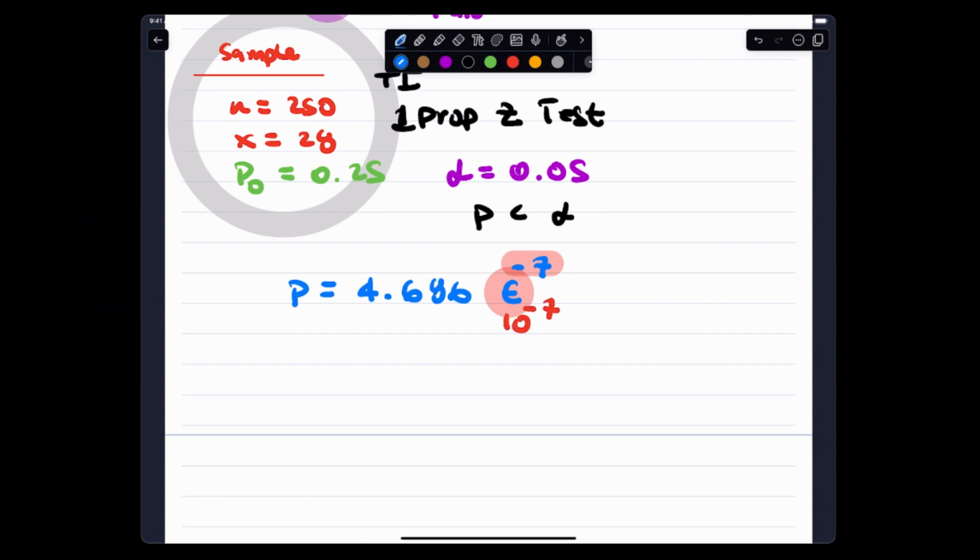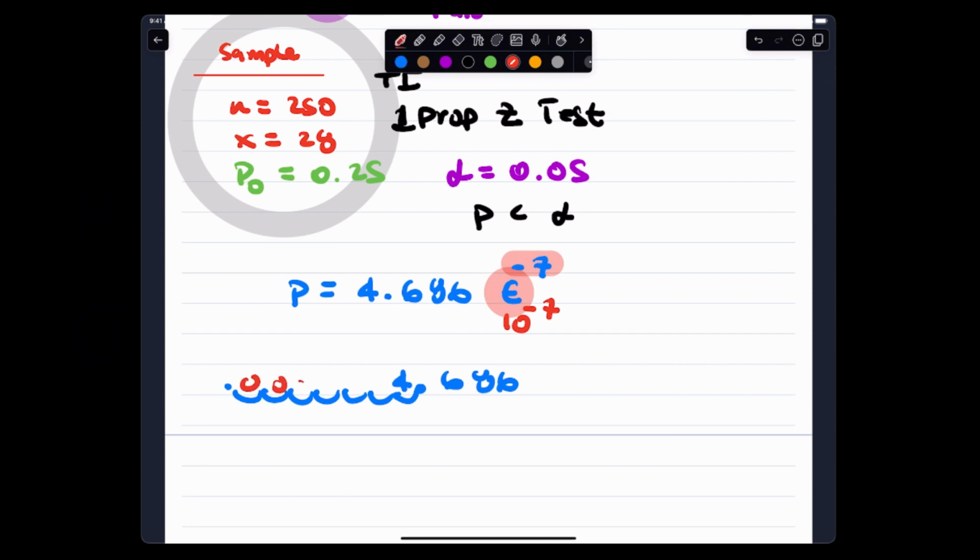What they want you to do is take the decimal and move it where? 7 spaces to the left. 1, 2, 3, 4, 5, 6, and 7. What do you do with the blank spaces? Zeros.